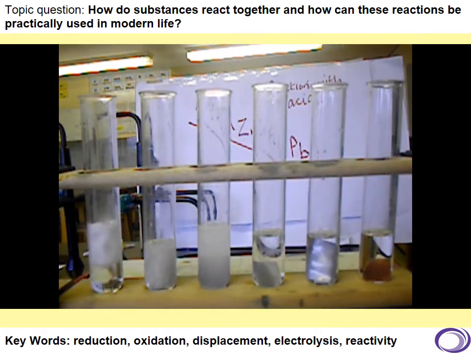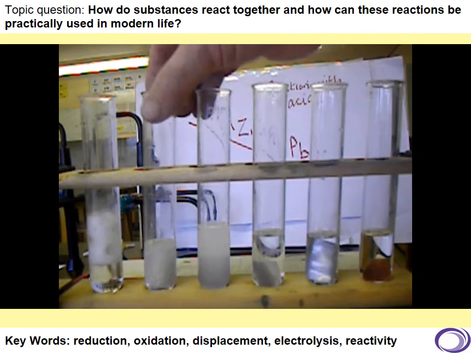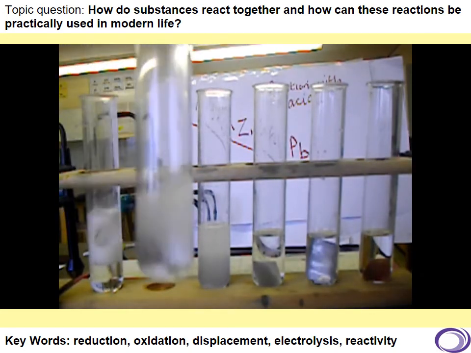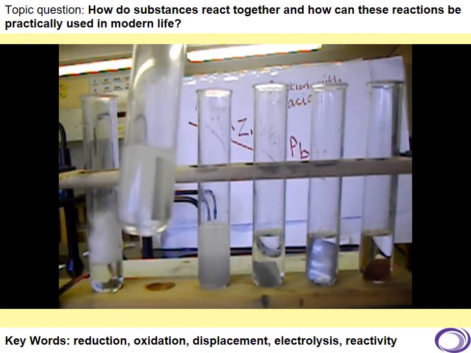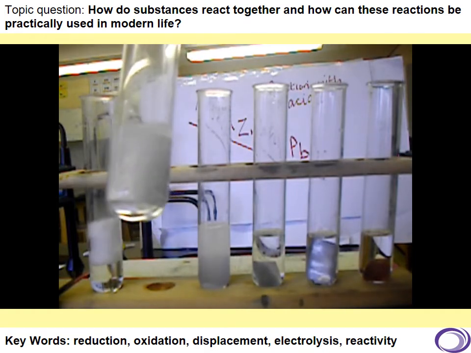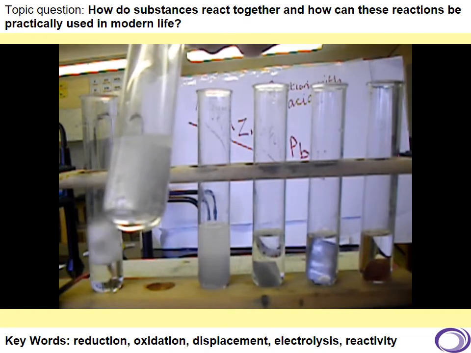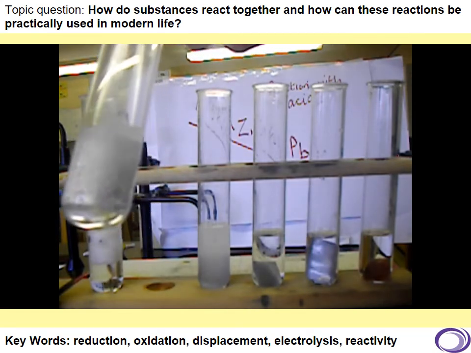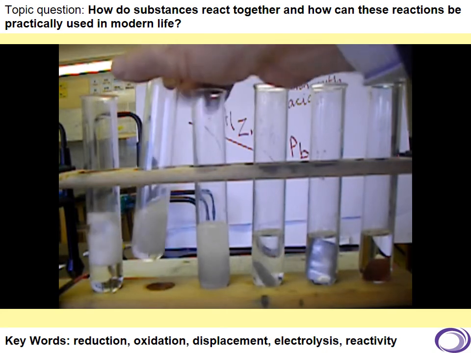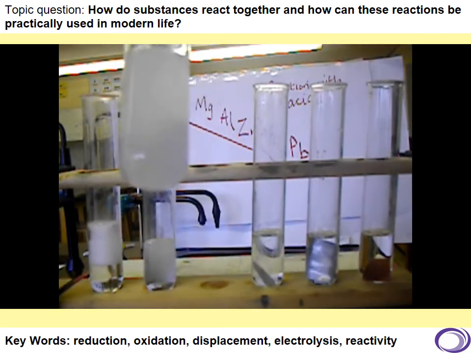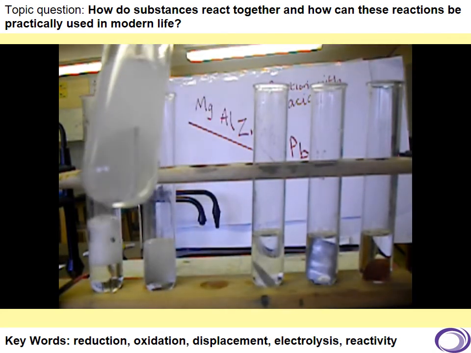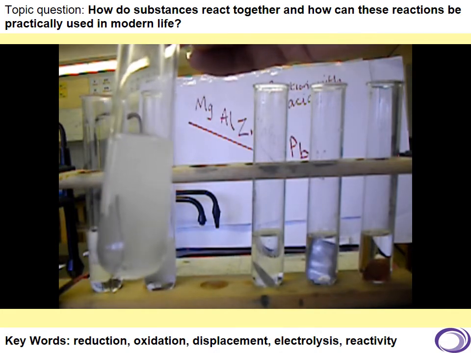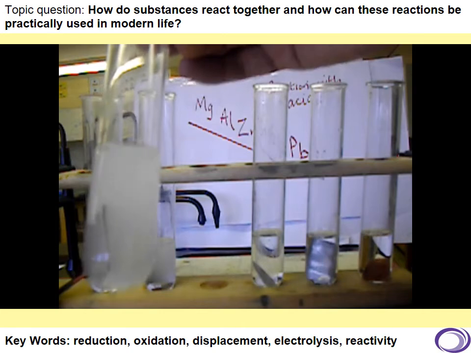If I was to give magnesium a score of 9 out of 10, aluminium, which should be the next most reactive, at the moment, due to a thick, stable oxide coating on its surface, it's reacting with a score of perhaps 2 or 3 out of 10 only. In fact, at this stage, the zinc is reacting considerably more vigorously. According to the bubbling I see here, I might get awarded a score of 5 or 6.